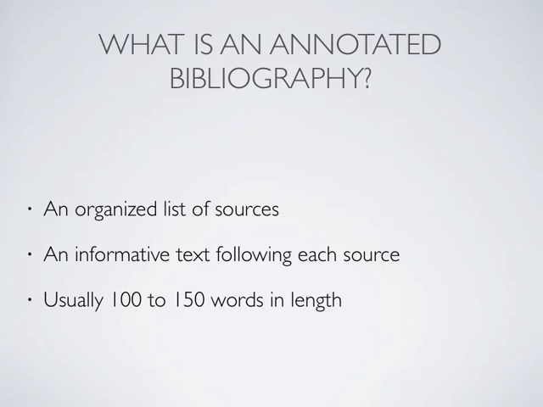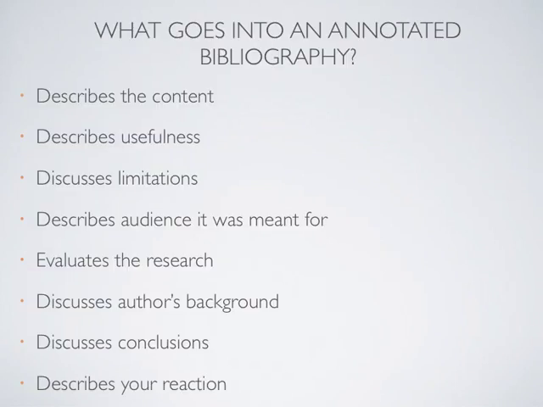And usually, regardless of the length of the article or the source that you're working with, that informative text is generally 100 to 150 words in length every time. So I don't care if you've got a 100-page source or you've got a 2-page source, your annotated bibliography should always fall around 100 to 150 words.